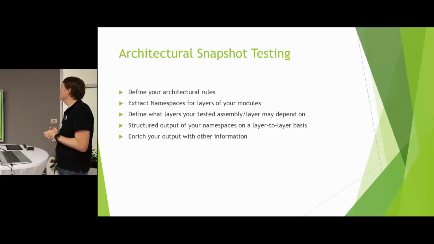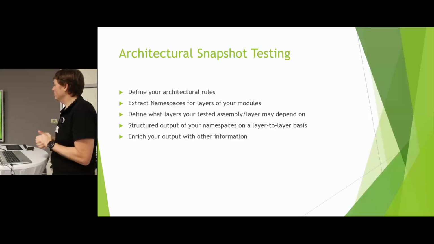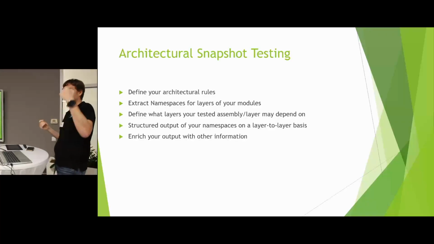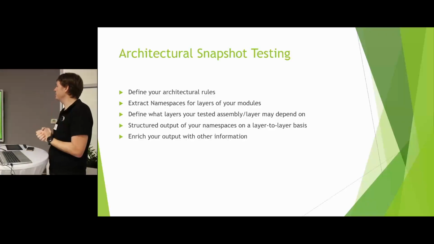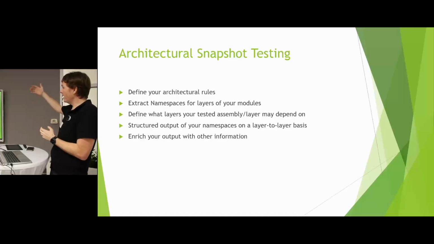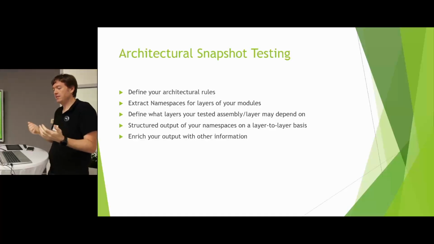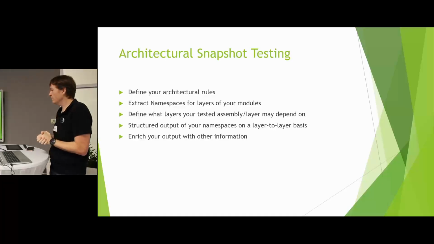Okay. So, now what is architectural snapshot testing? You combine those two approaches. You have your snapshot test, you have your architectural test. How do you combine them? You define your rules, you extract namespaces, you define the layers that you want to test, you have a structured output where you can put your namespaces, because the namespaces are what matter.